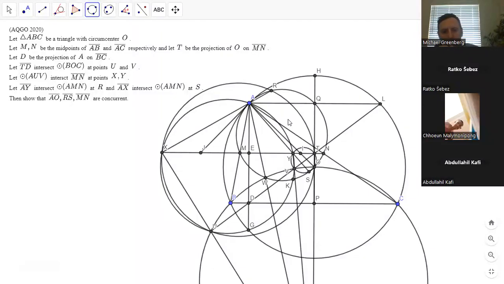So let's see. So you're doing a root BC inversion, which often works pretty well with like circle BOC, I feel like.